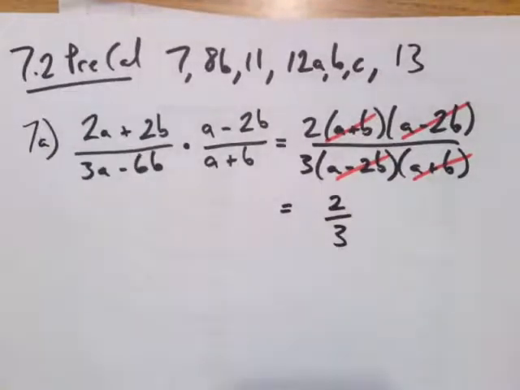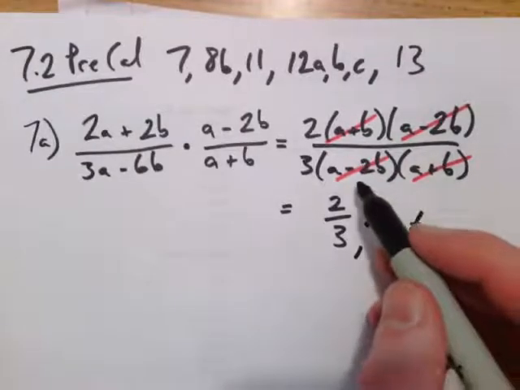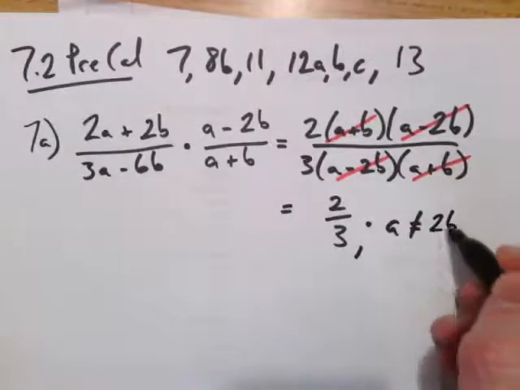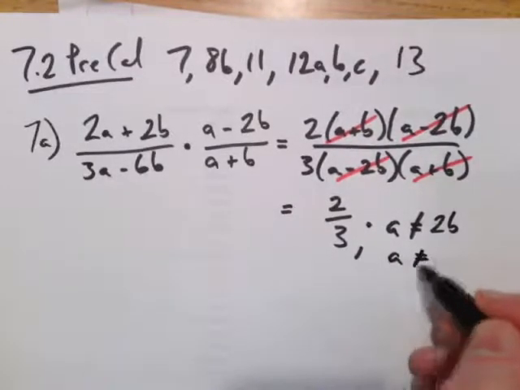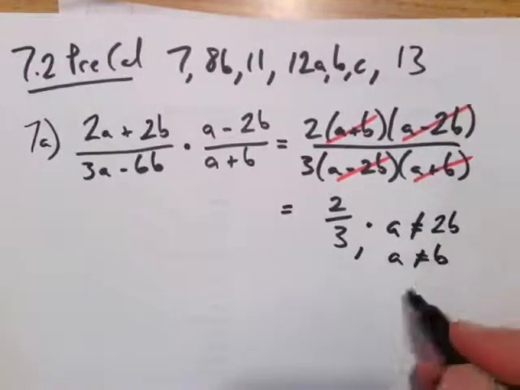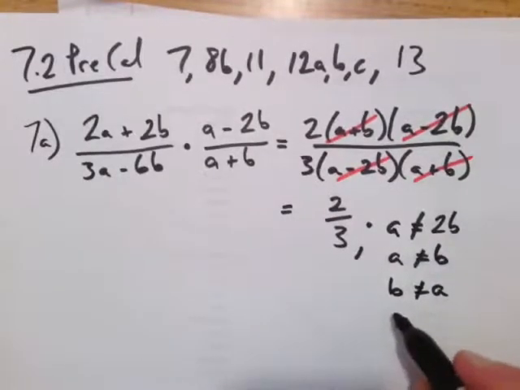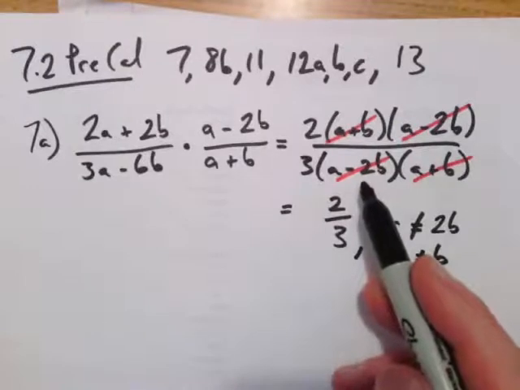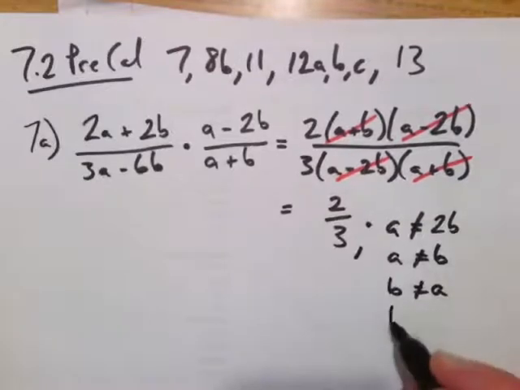So make sure you factor first. It's just going to make things easier. Now, also, by the way, a cannot equal 2b, for non-permissibles, and a can also not equal b, and therefore b cannot equal a, and in this case b cannot equal half of a.